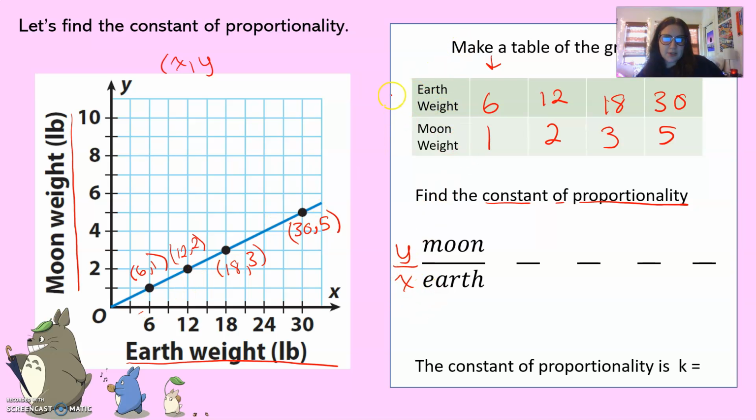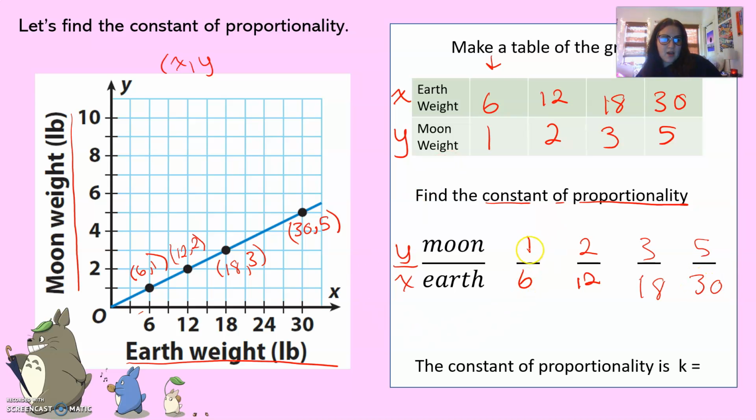Earth weight is on my x-axis and moon weight is on my y-axis. So my moon in my first one is 1, matches up with 6 Earth. And then I have 2 over 12, 3 over 18, and 5 over 30.